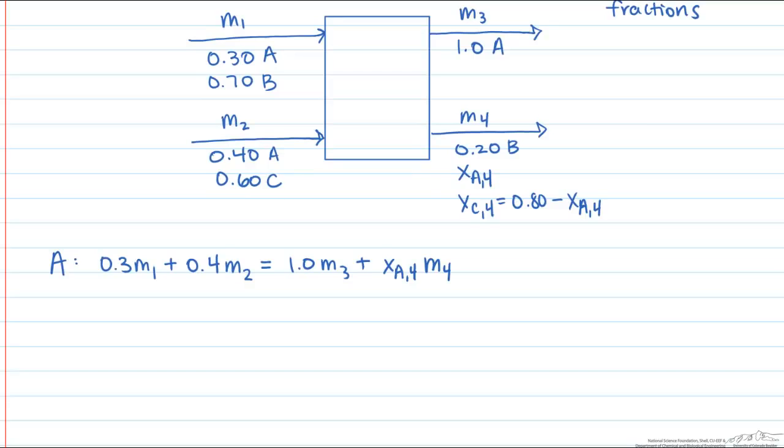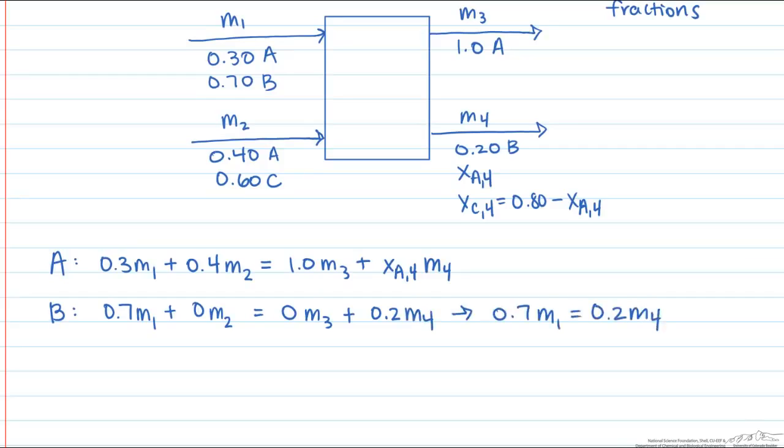Now we'll do the B balance. Coming in the first stream, 70% is M1. There's nothing in M2. There's nothing in M3. It's 20% of M4.